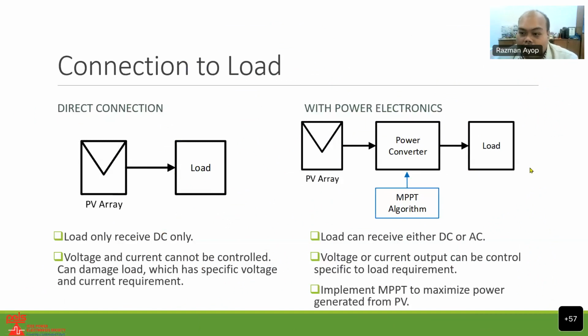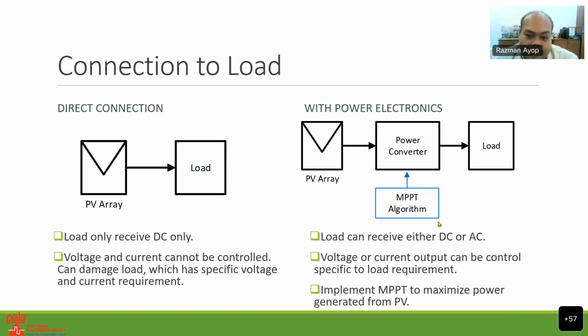The good way to do this is basically to use a power converter. With a power converter, the load can receive either DC or AC, and the voltage and current output can be controlled specific to the load requirement. If your load requires 230 volt AC, the power converter will make sure the output is that.